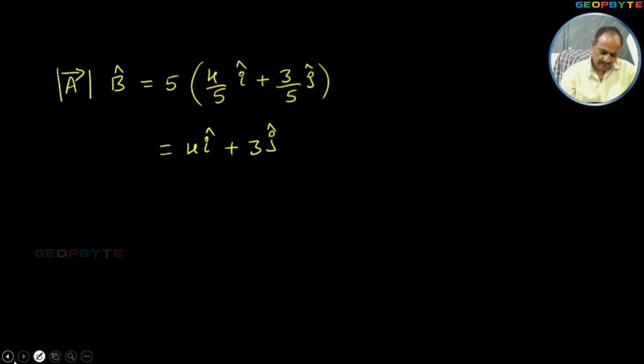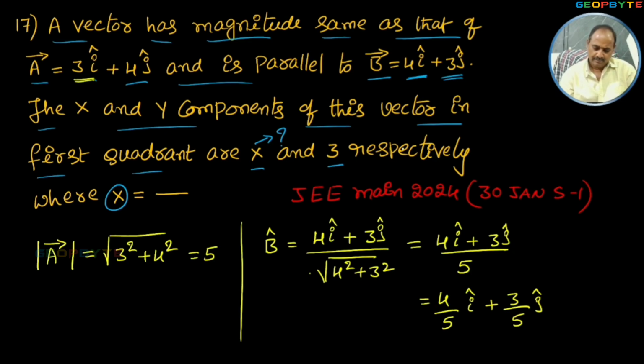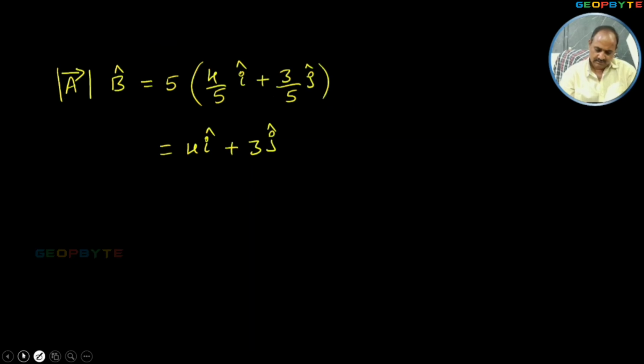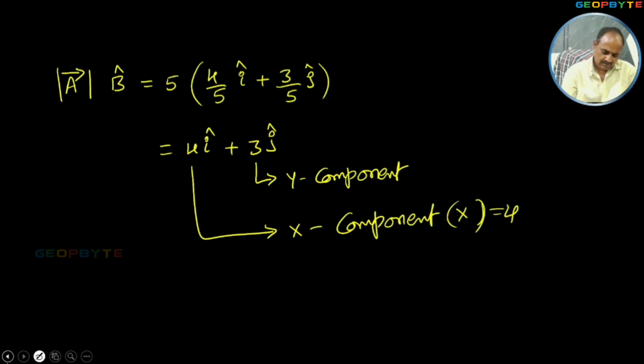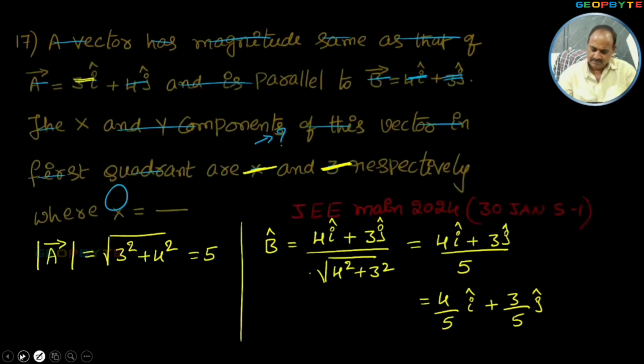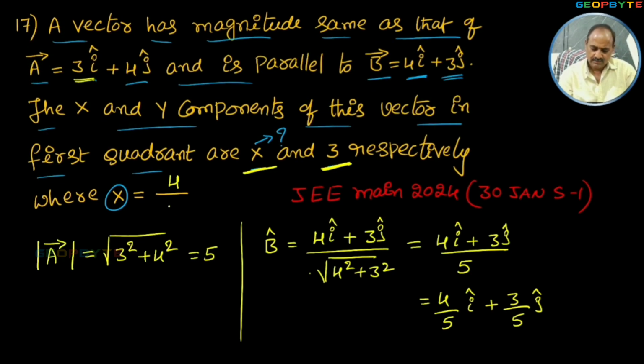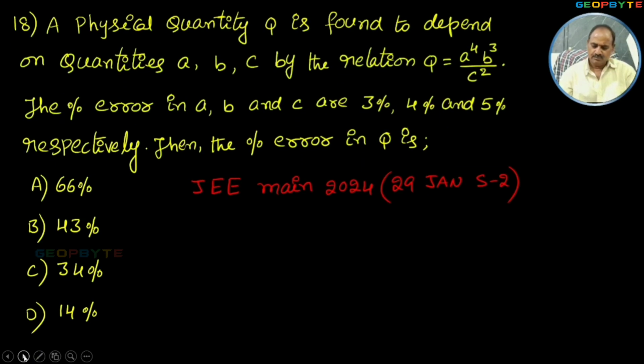Here the y component is given as 3. What is the x component? X component x equal to 4. That is the answer. Answer is 4.